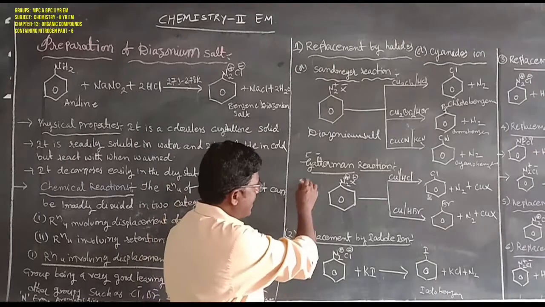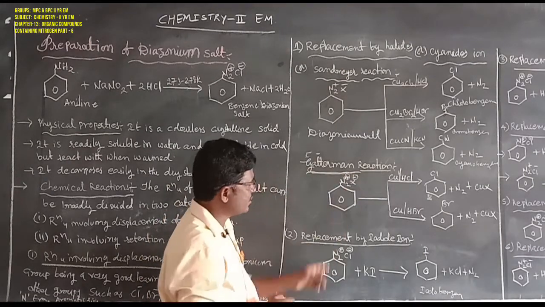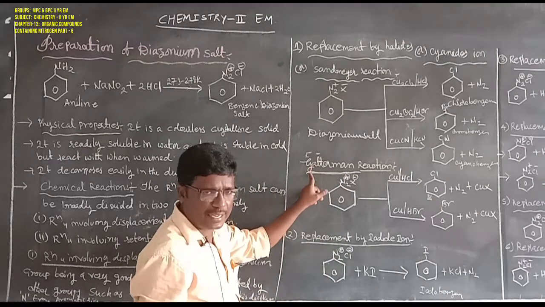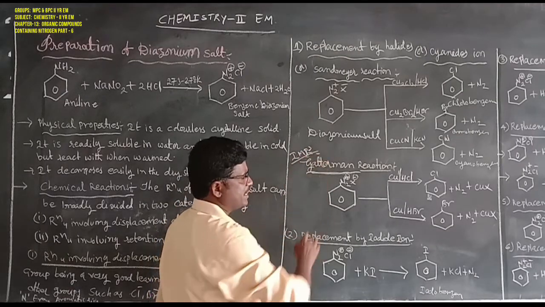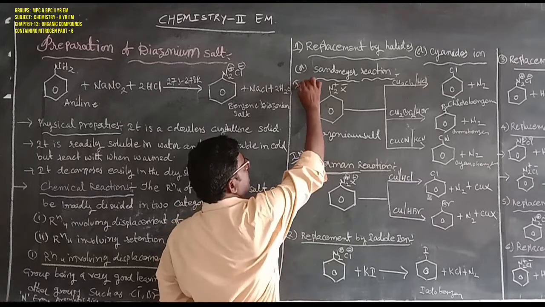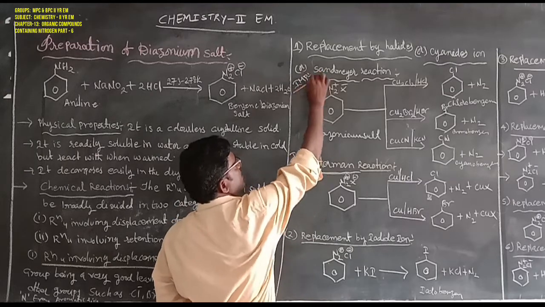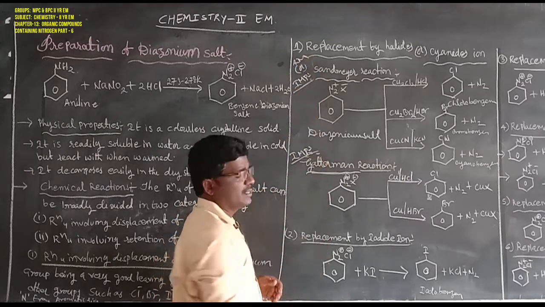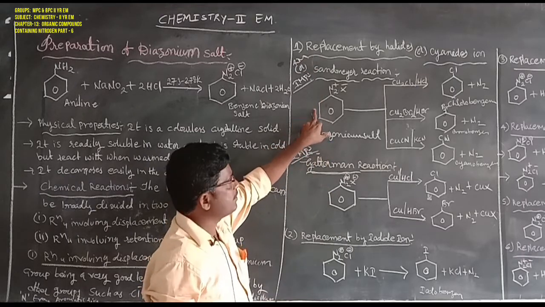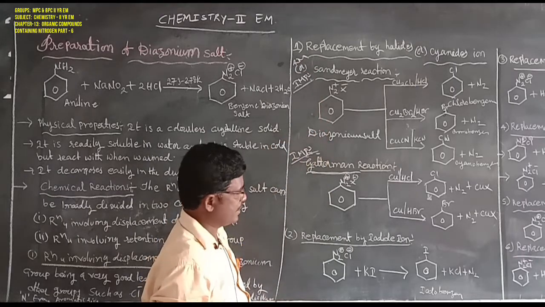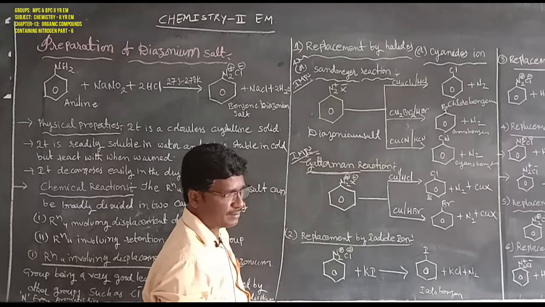Next, the second one is the Gattermann reaction. It is named after the scientist Gattermann, very very important. Write the reactions of the Sandmeyer reaction and the Gattermann reaction, a 4 marks question, very very important. Here, write the organic reactions of the Sandmeyer and Gattermann reactions.